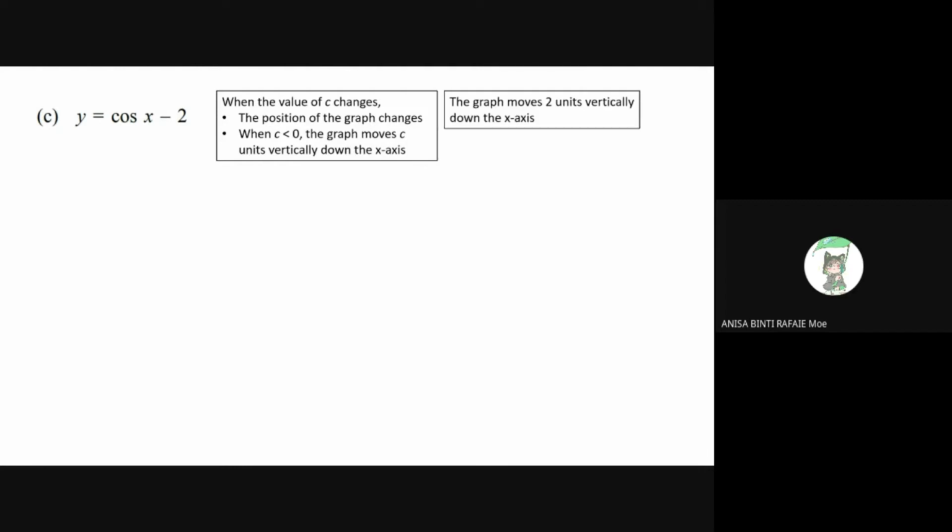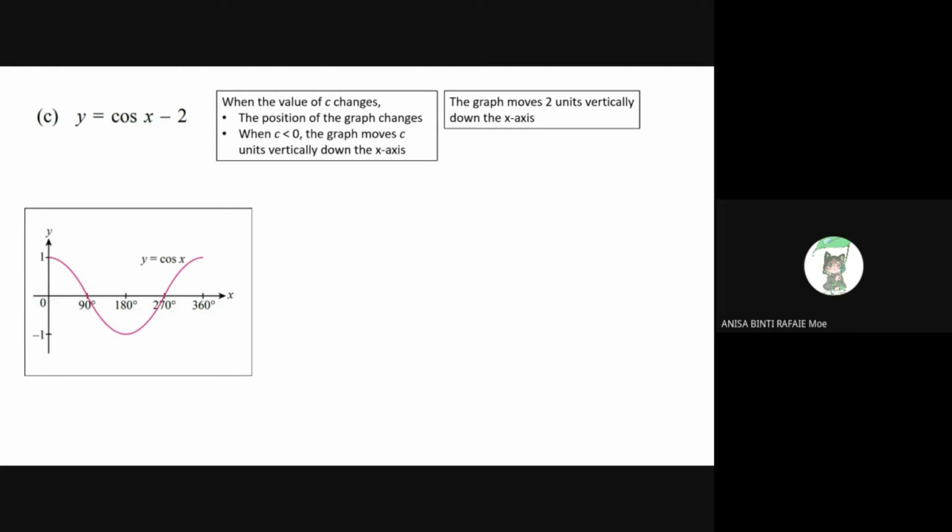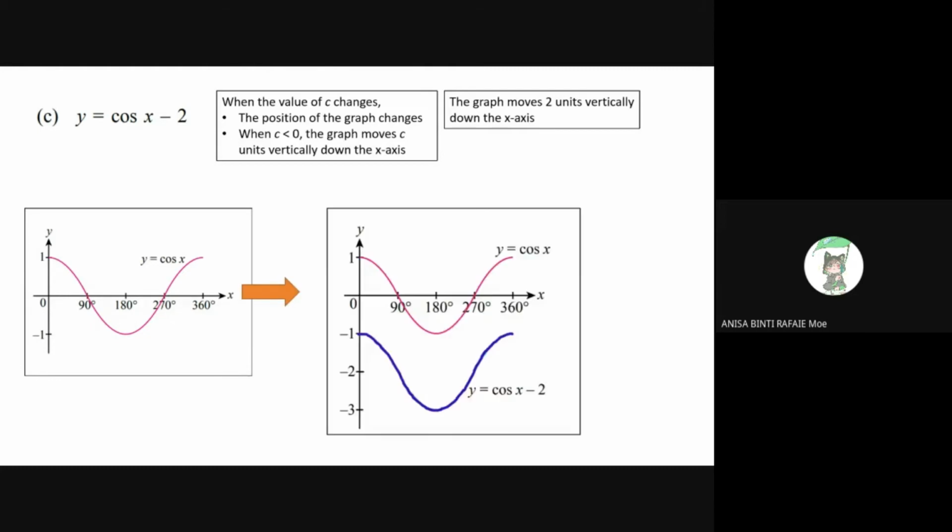In this question, because c becomes negative 2, the graph will move 2 units vertically down. So this is the original graph, and after it moves 2 units down, it will look like this. The maximum value, which was 1 originally, will become negative 1, and the minimum value, which was negative 1, will become negative 3.